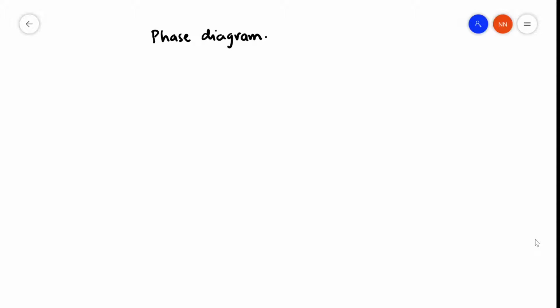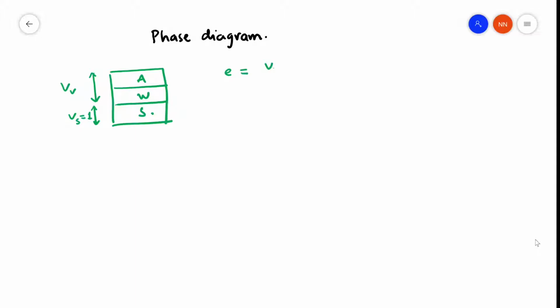So let's look at one phase diagram, and we have air, water, and solids here. And for the sake of simplicity, let's assume this volume of solids is equal to 1. Now we are left with the volume of voids. According to the definition of void ratio, E equals VV over VS, and since we have assumed this equals 1, this means that E equals VV.